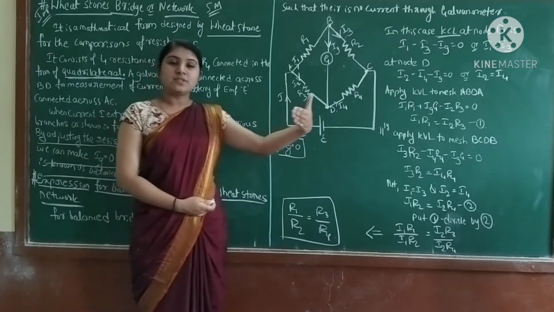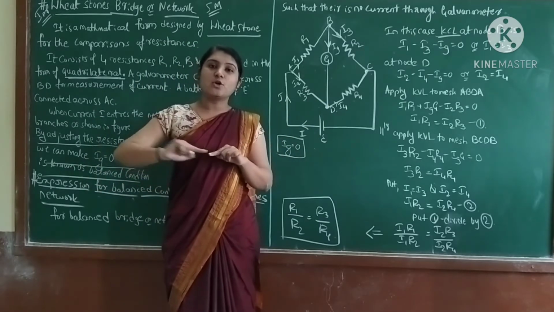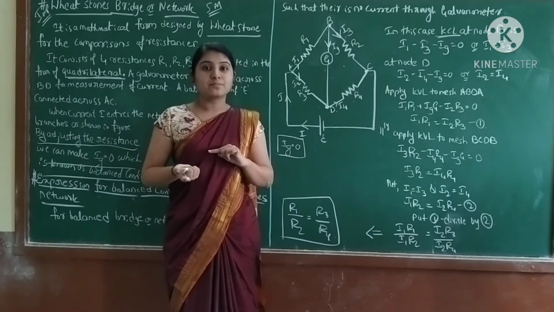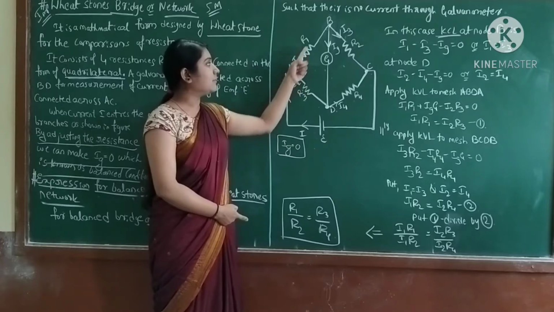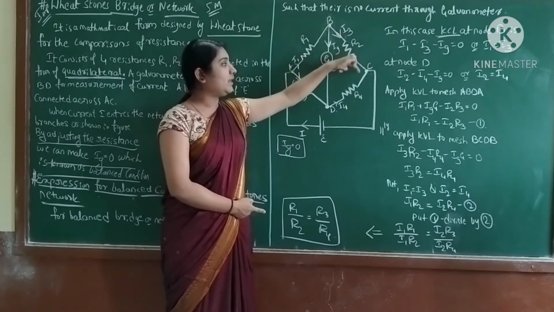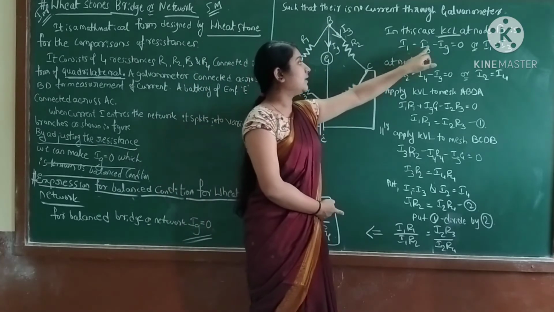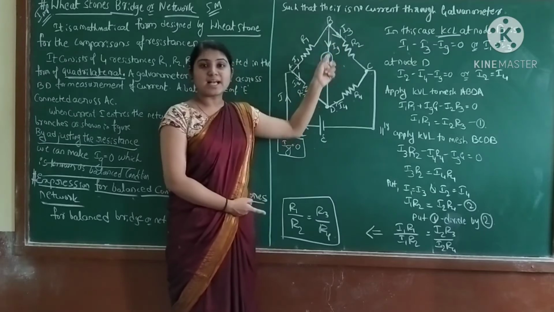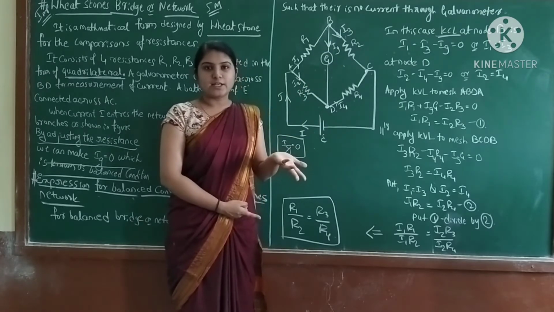You studied that if the current is coming in, it is positive; if the current is going out, it becomes negative. So the current I1 is coming towards B, so positive, and I3 is moving away, so take it as negative. Then of course the current IG is also moving away from the point B, so take it as negative.